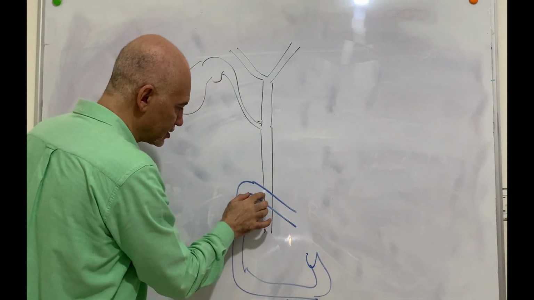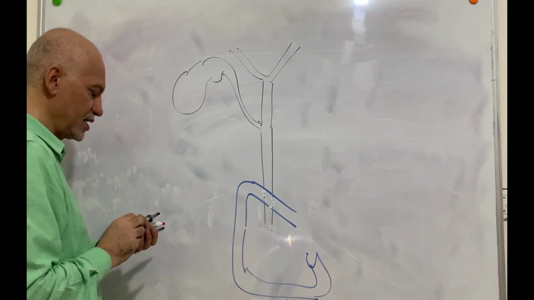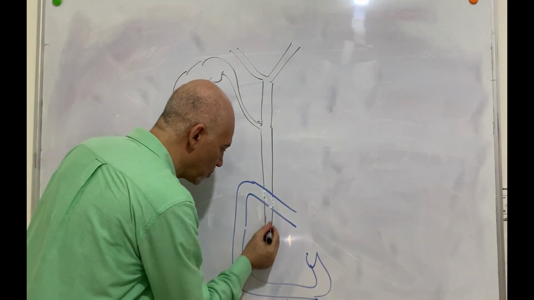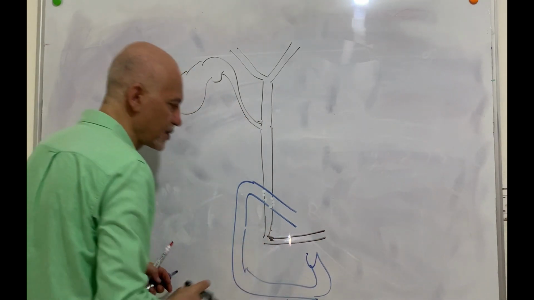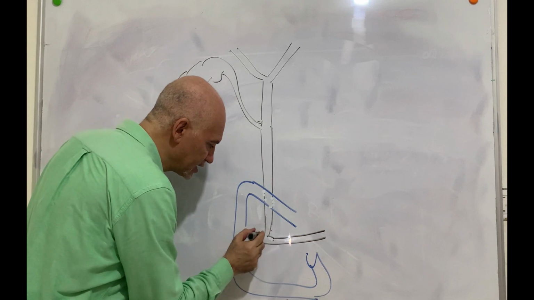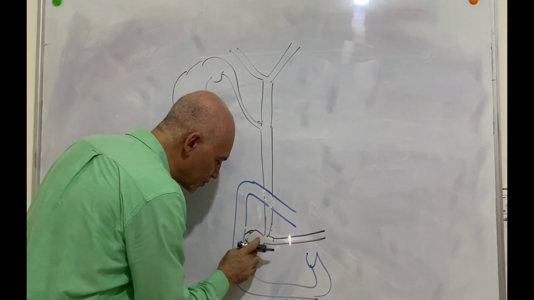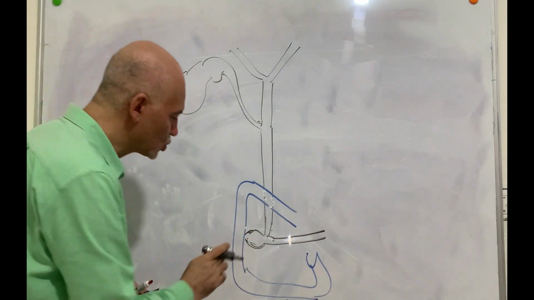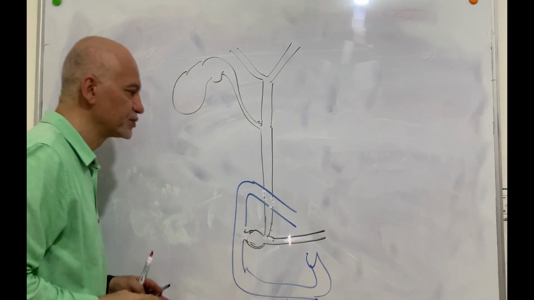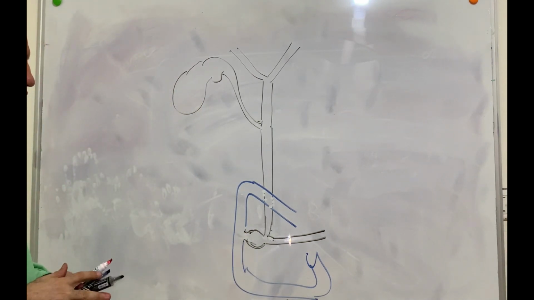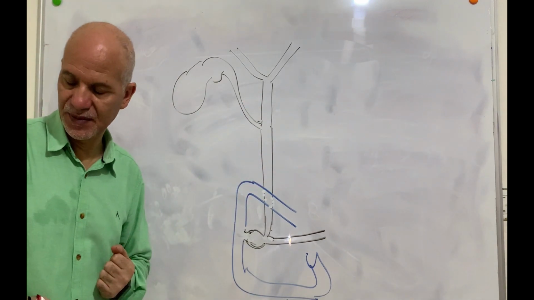The common bile duct runs behind the first part and joins another duct from the pancreas called the main pancreatic duct and forms a dilatation called the ampulla of Vater, which opens in the second part of the duodenum. This is the extrahepatic biliary system.